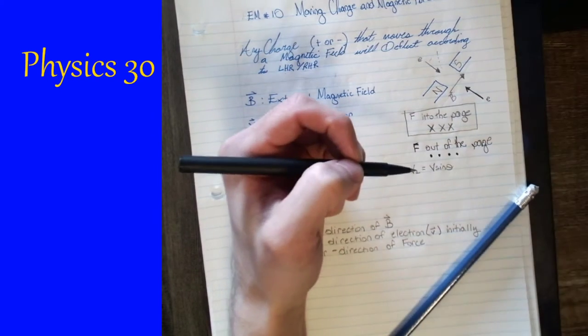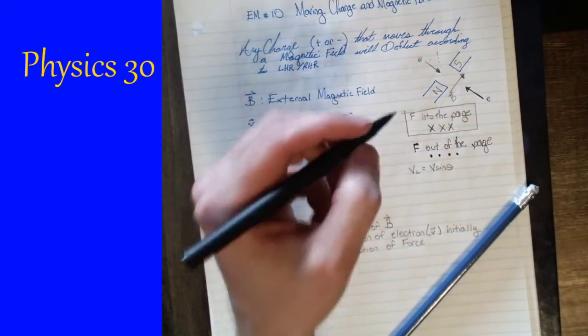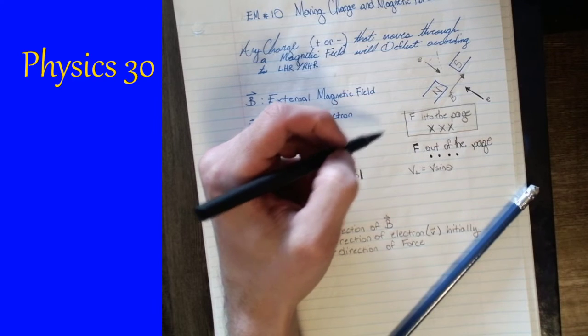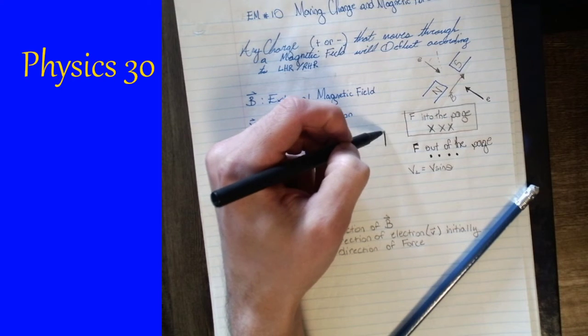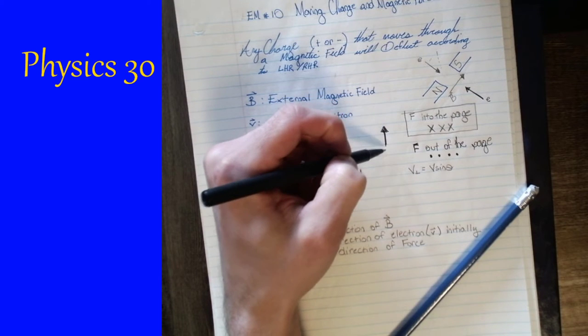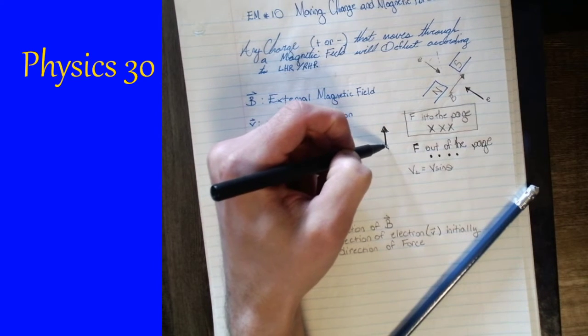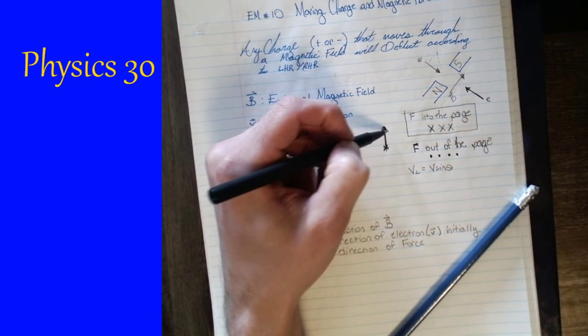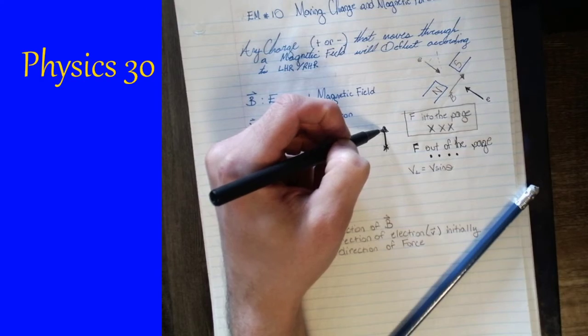There's one kind of easy way to remember this in general. Think of an arrow, like from a bow and arrow, and you have all of the fletching feathers on the end. You have the point at this end.